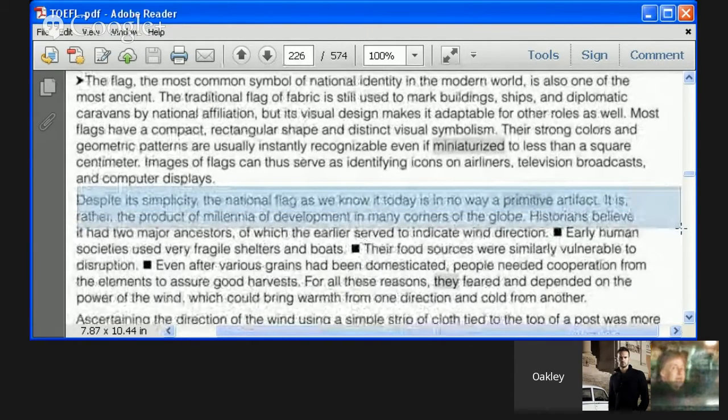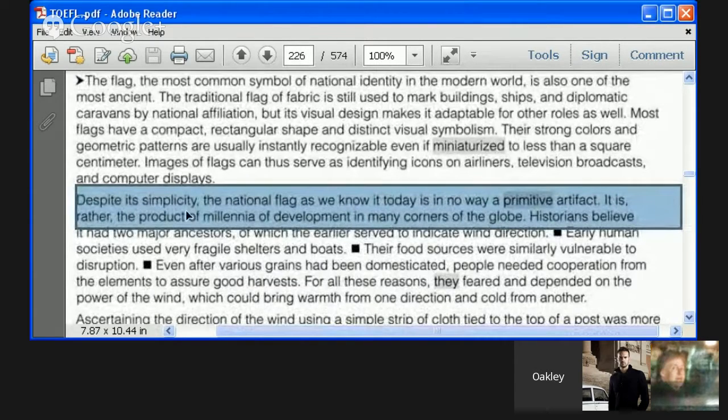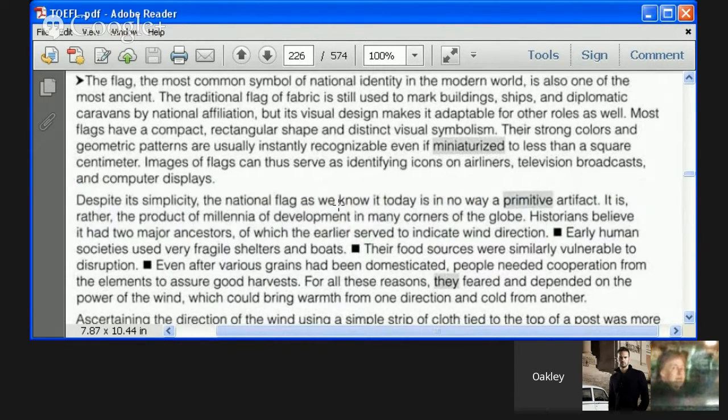Despite its simplicity, the national flag, as we know it today, is in no way a primitive artifact. So unsophisticated.